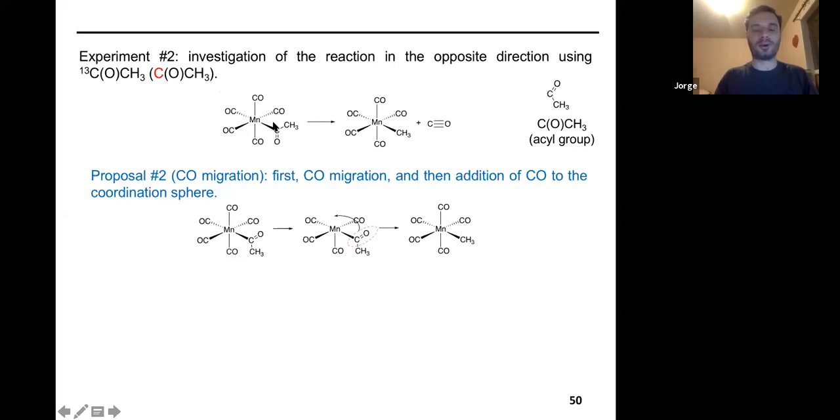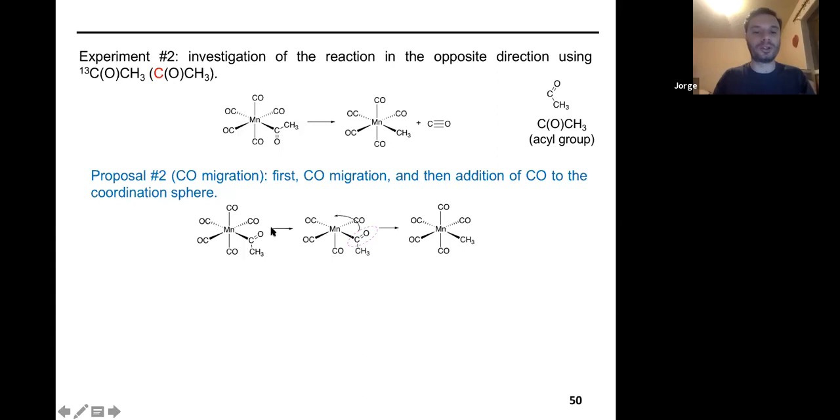Okay, so now we are going to lose a carbon monoxide molecule and reestablish the starting complex with 5 CO ligands and 1 methyl ligand. So let's test first proposal number 2, which states that there is CO migration and then addition of carbon monoxide.